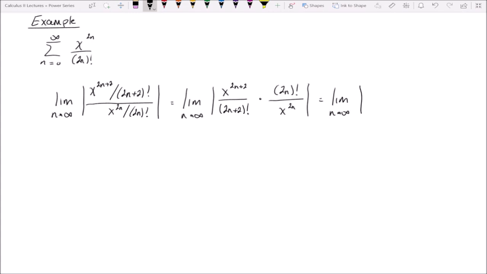Simplify it. We're going to get x squared over (2n plus 2) times (2n plus 1).